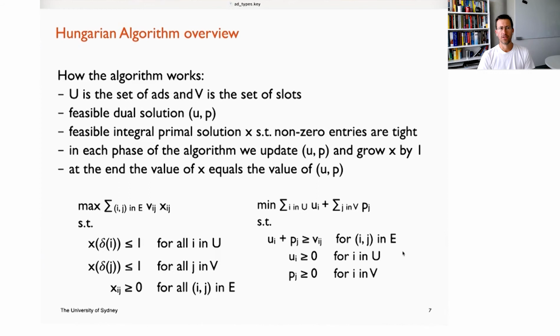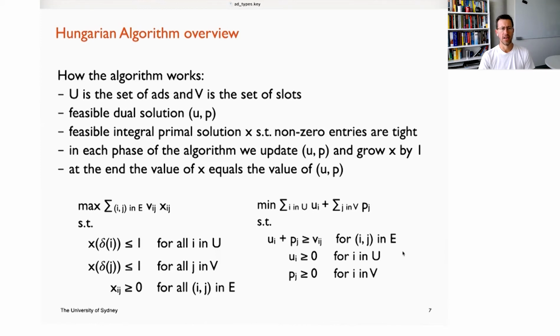All right, so our algorithm is going to be based on the Hungarian algorithm for finding a maximum weight matching in a bipartite graph. This is the first thing we need to understand: when there are no gaps, this is just a maximum weight matching problem. So this is an LP for our problem.